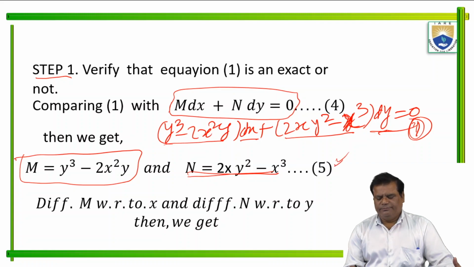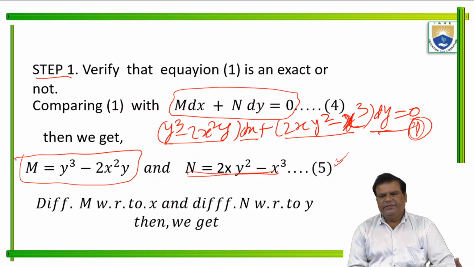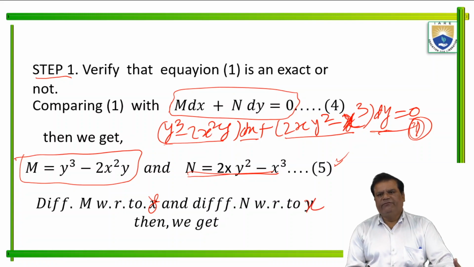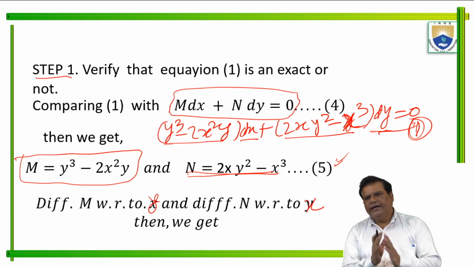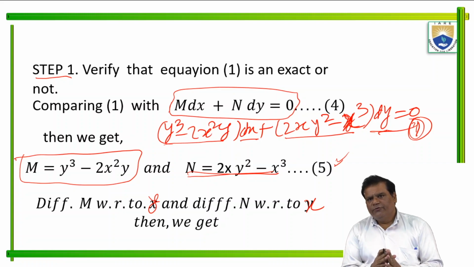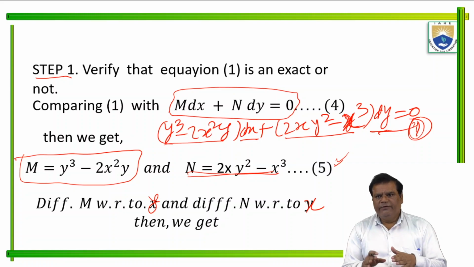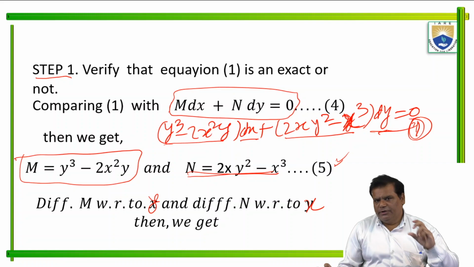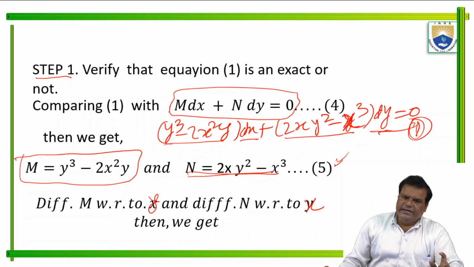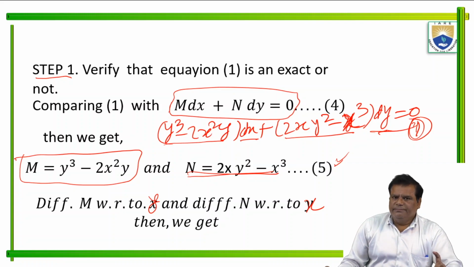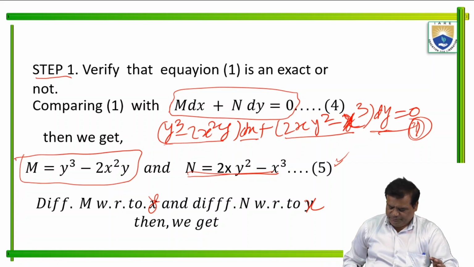This is equation 5. So now differentiating m with respect to y and n with respect to x, then we get the following.